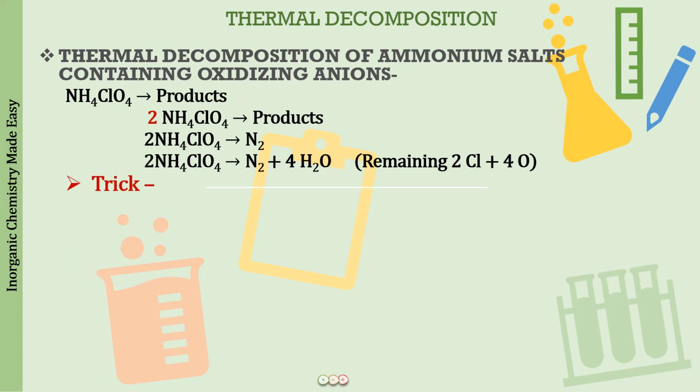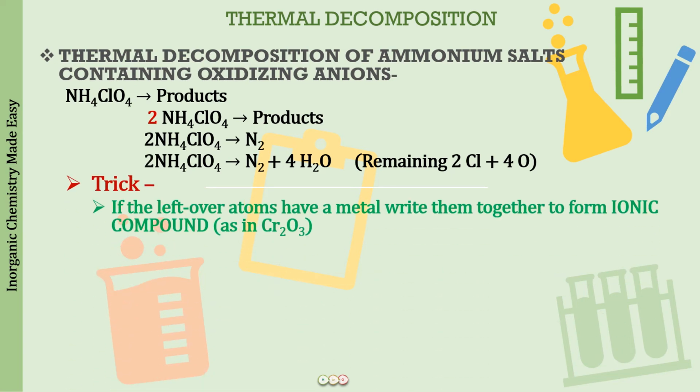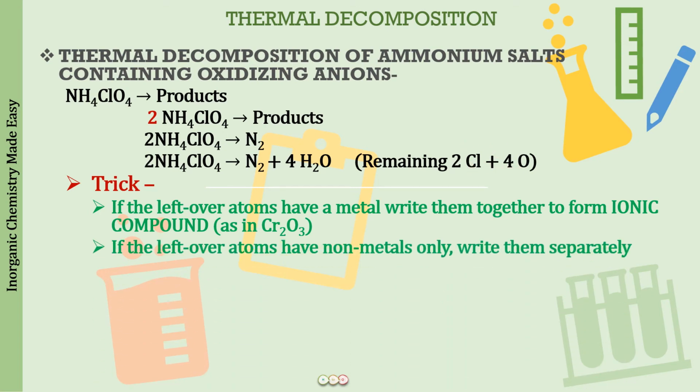So please do remember a small little trick over here. If the leftover atoms have a metal, write all the atoms left together to form an ionic compound as we did for Cr2O3. But when these remaining atoms do not have a metal, all of them are non-metals, then you are going to write them down separately.